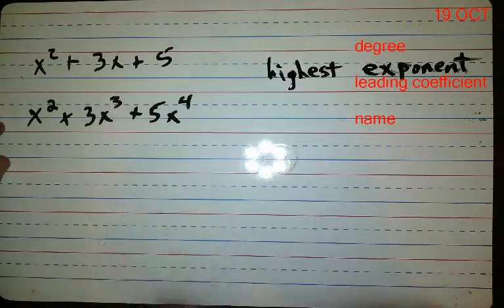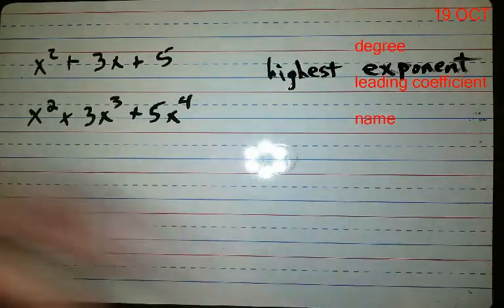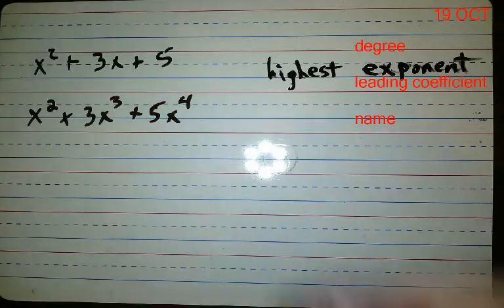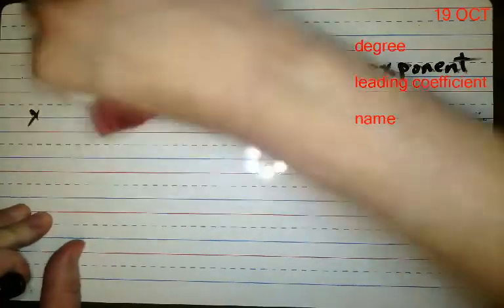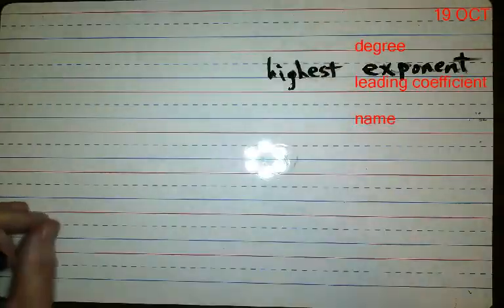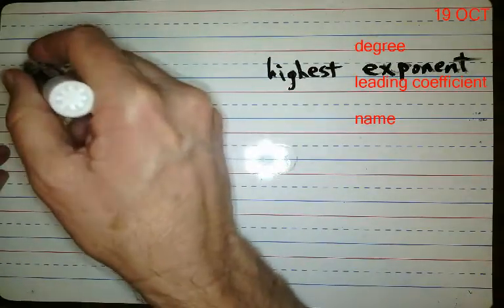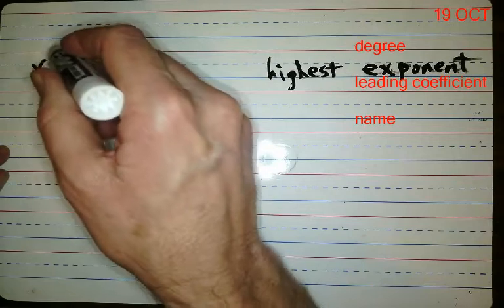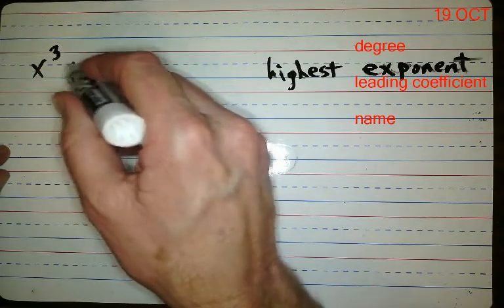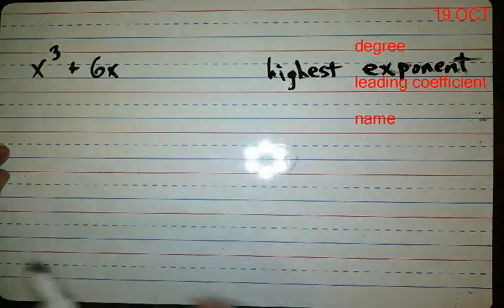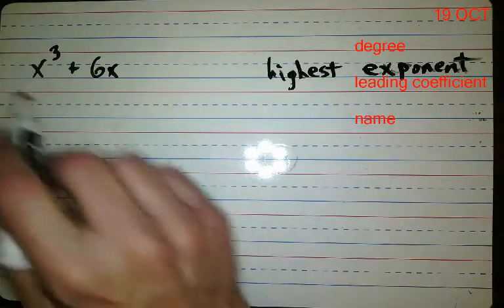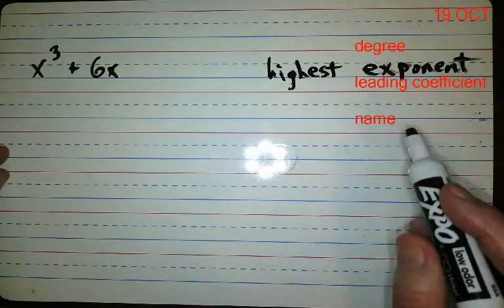So that's not too bad. Easy word to remember, huh? And then leading coefficient. So whenever you have something like this, x to the third plus 6x, the leading coefficient is the number that's in front of the highest exponent.